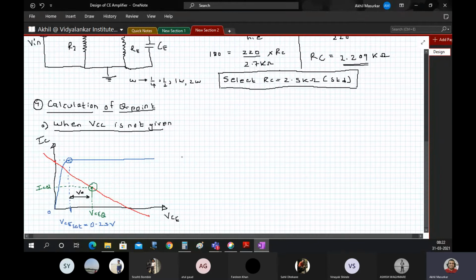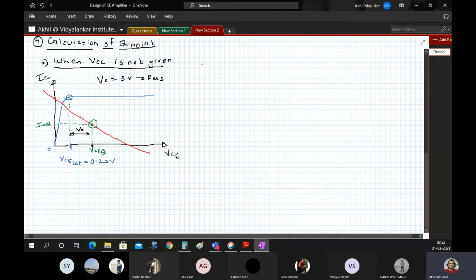So this 3 volts that is given to us, V naught equal to 3 volts, is actually an RMS value, but we should always use a peak value. So what it means here is that VCEQ should be equal to VC sat plus V naught, or greater than this.